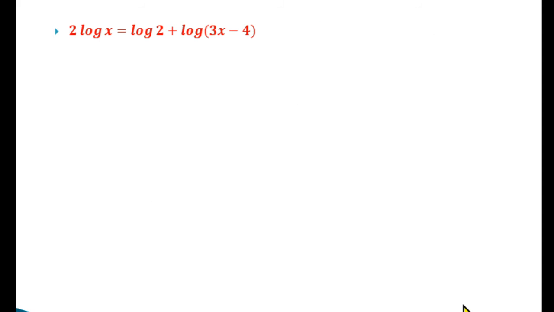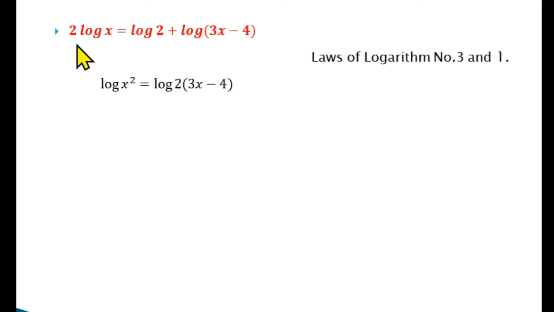We have 2 times the logarithm of x equals the logarithm of 2 plus the logarithm of the quantity 3x minus 4. We can solve this equation by applying the third law and the first law of logarithm. Applying the third law, your numerical coefficient 2 becomes the exponent of your logarithm, so we have the logarithm of x squared.